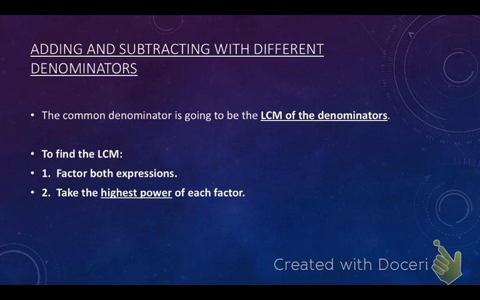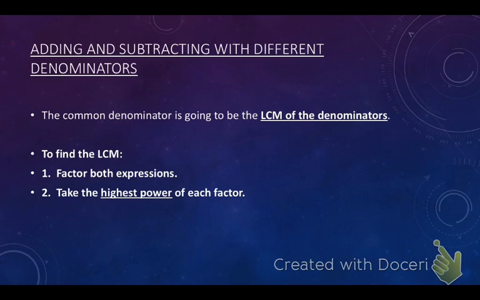So whenever we add or subtract with different denominators, we have to get a common denominator. And to be perfectly honest with you, it's a lot easier with rational expressions, in my opinion, than it is with fractions. Because with a rational expression, you want to factor everything out, or at least factor the bottom.